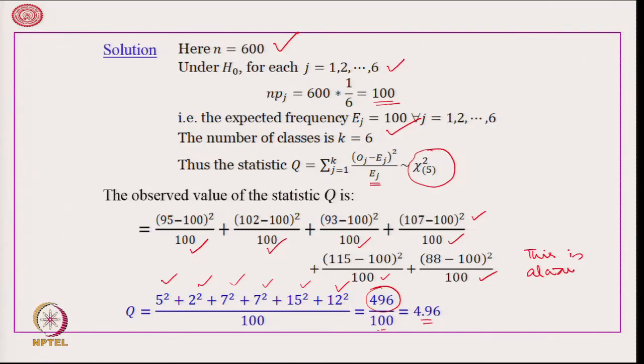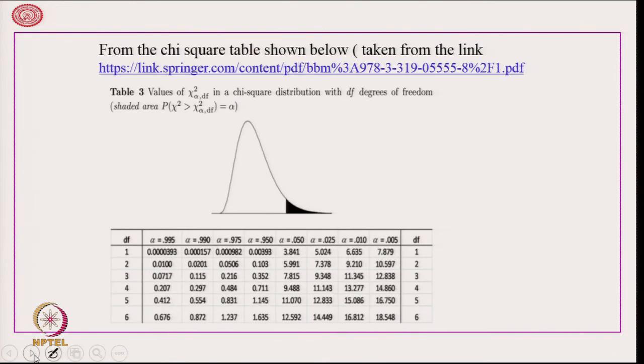Now, we shall reject the null hypothesis if this value is very large. Therefore, this is always going to be a one-sided test. So, how will it work? Here is a chi-square distribution. There are chi-square tables available. I have given you one link for different degrees of freedom.